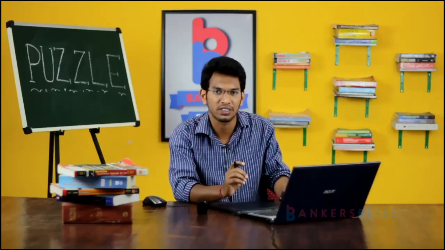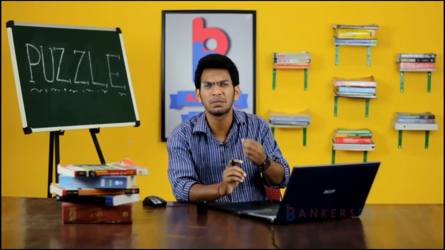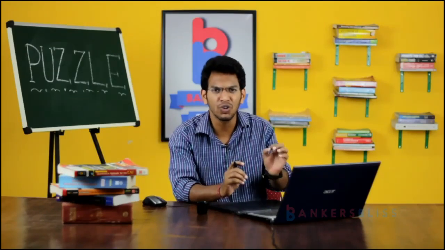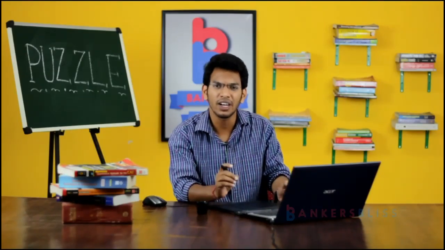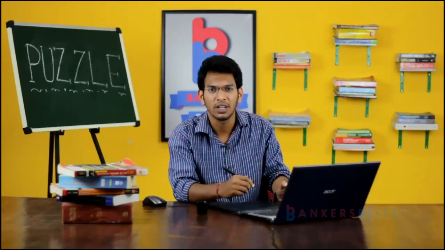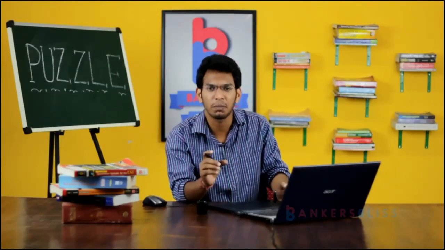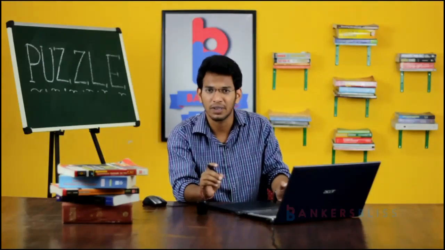The right hand side is only positive information relating to the person, and on the left hand side you write the negative information. This is a very simple 3-step shortcut trick. If you follow this, you can definitely solve a number of puzzle problems. Suppose a third constraint is given, you just write it as a heading, and write the persons as they are. Is it clear? Then move to the problem.